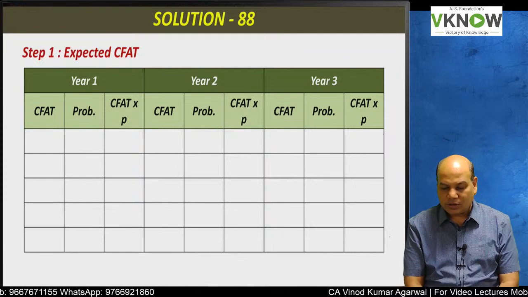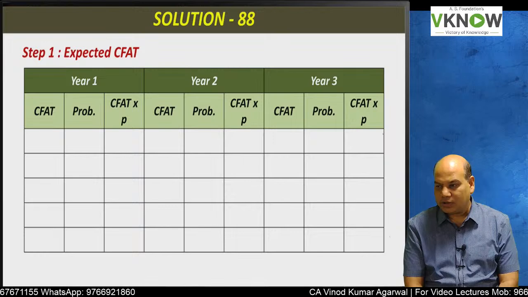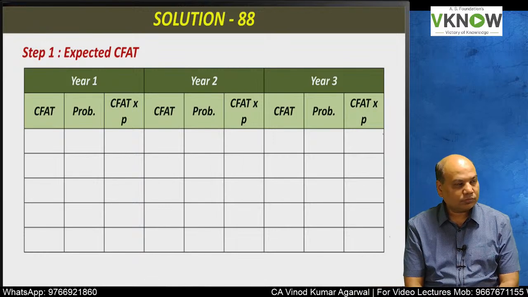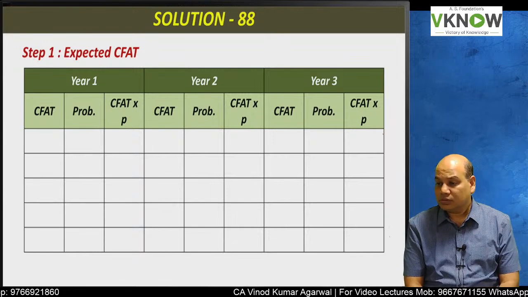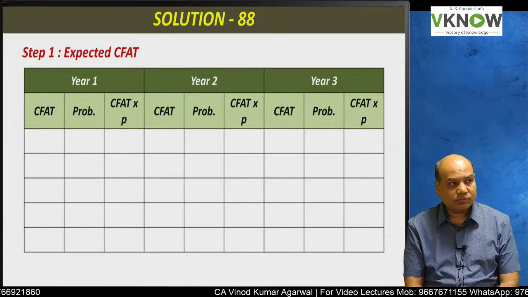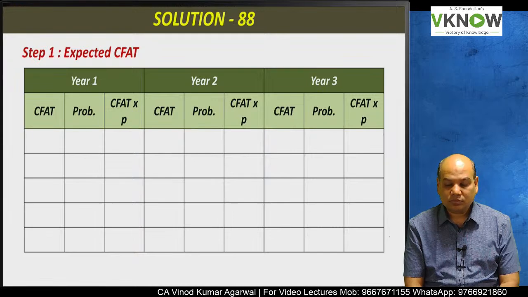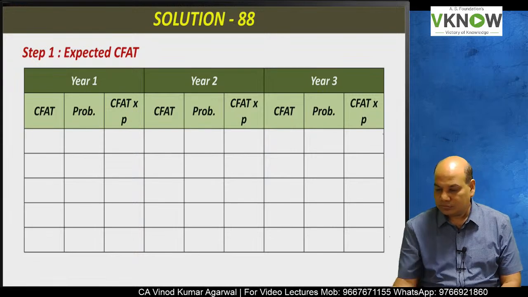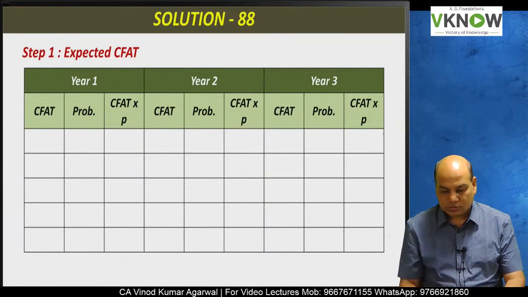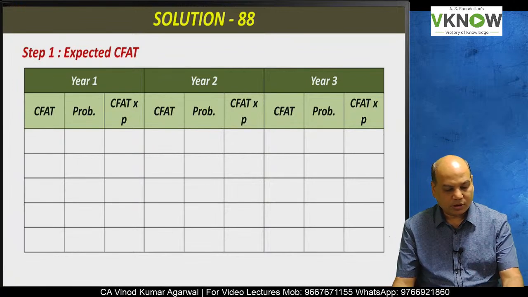Write down year 1, year 2, year 3. Under year 1, 3 columns: CFAT column, probability column, CFAT into probability column.